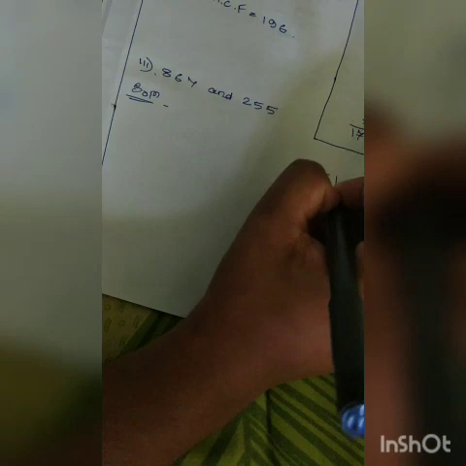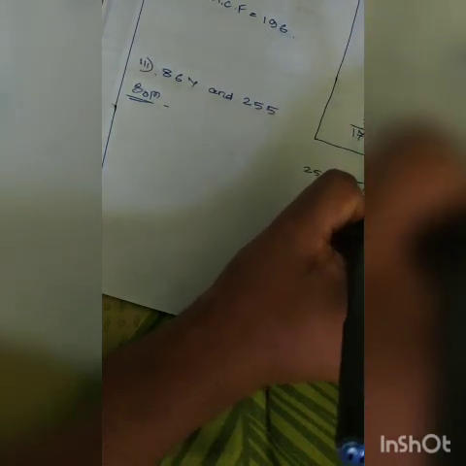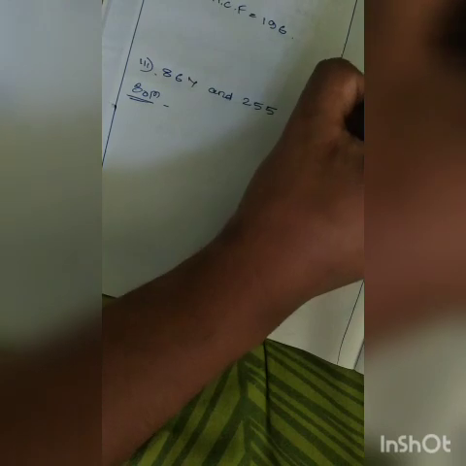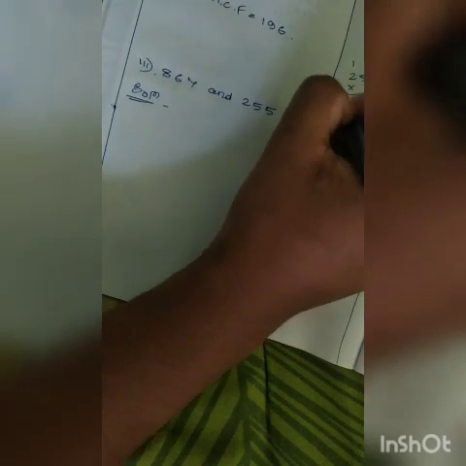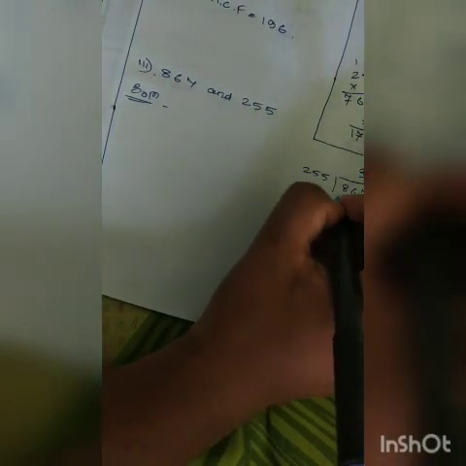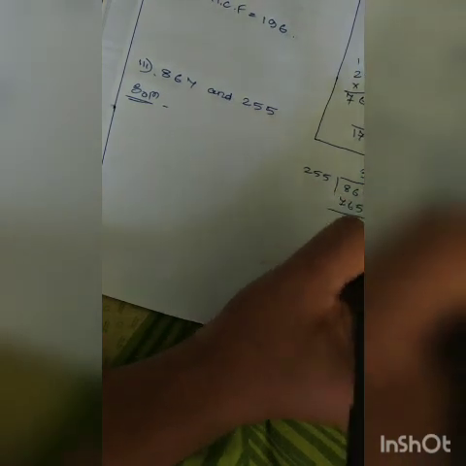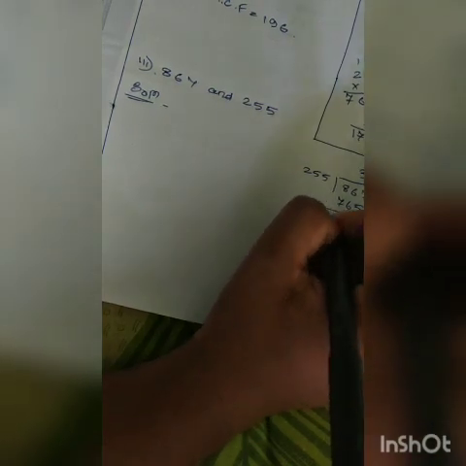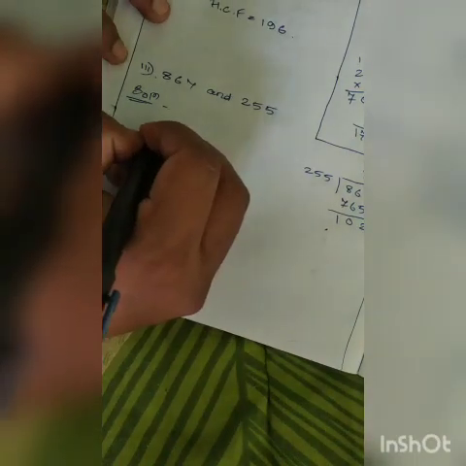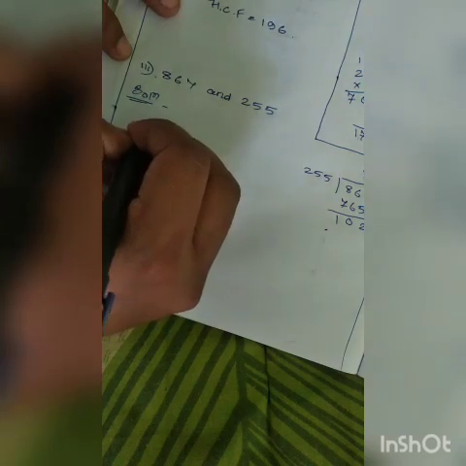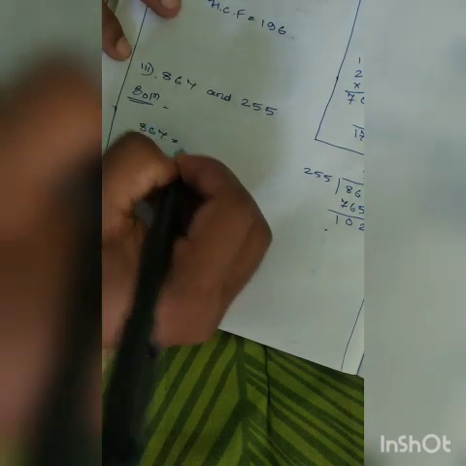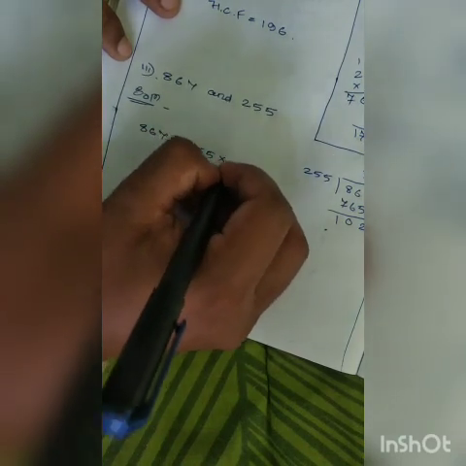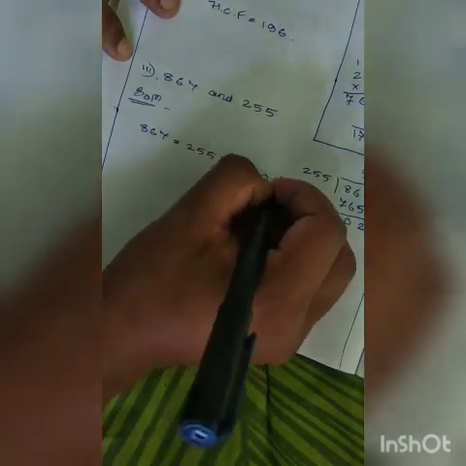We should divide 867 with 255. 255 multiplied by 3 is 765. So the remainder will be 102. We can write it as 867 is equal to 255 multiplied by 3 plus 102.